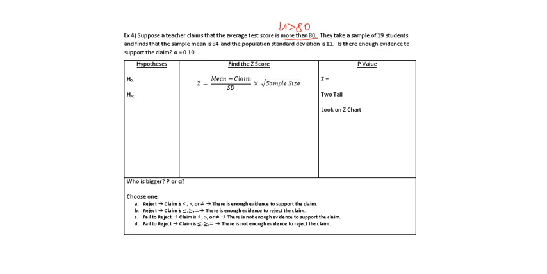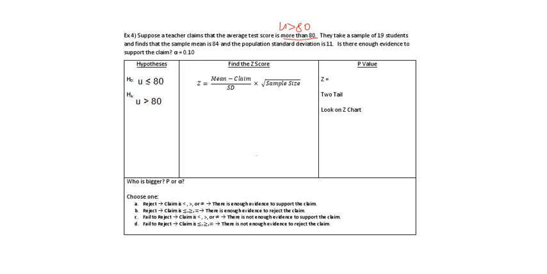So for our alternate, u is greater than 80. By default, that means the null hypothesis is u is less than or equal to 80. And let me fit that line in. There we go. So that part's over.